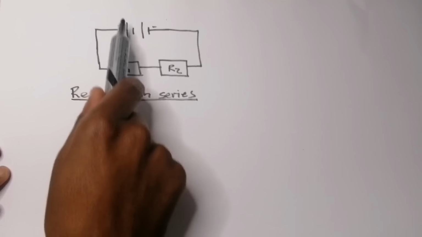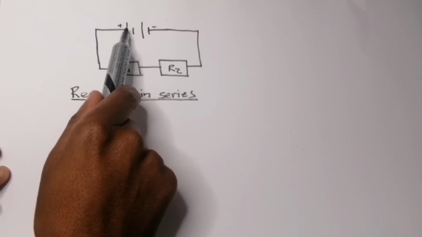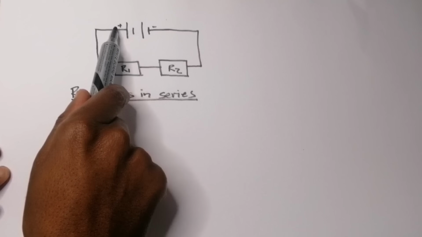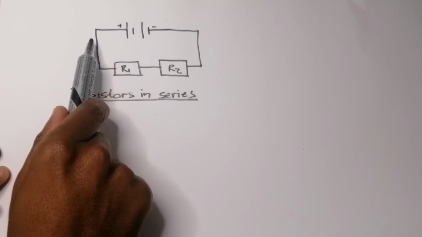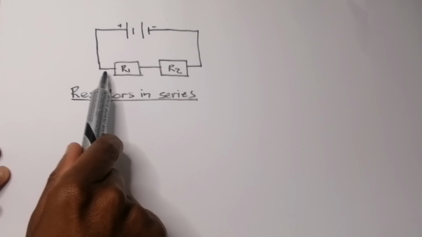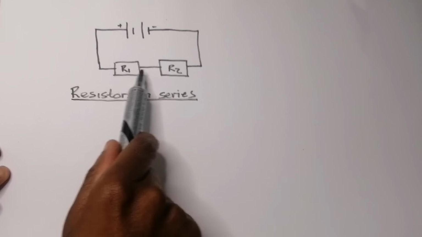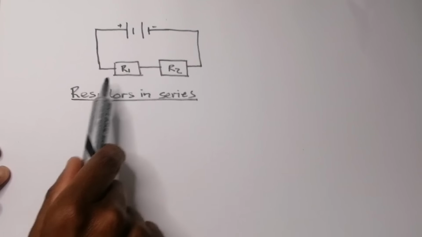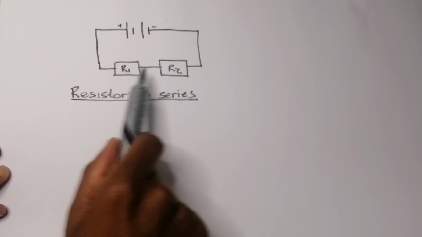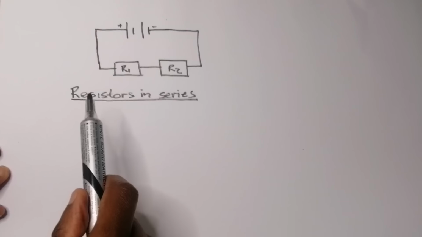Here we've got greater potential. We use conventional current. We say this is greater potential. So what happens? Current flows through there, and the current goes through resistor R1. And remember, we say it's a resistor only when there's current flowing. There's nothing to resist when there's no current flowing.